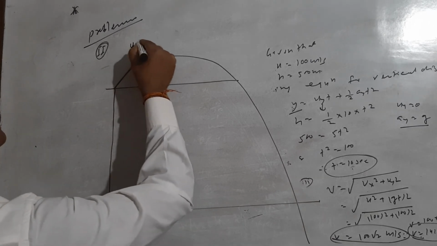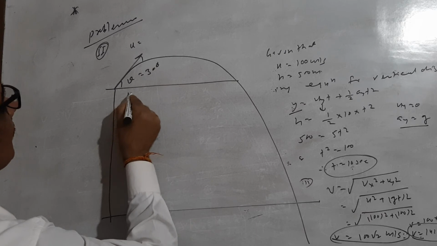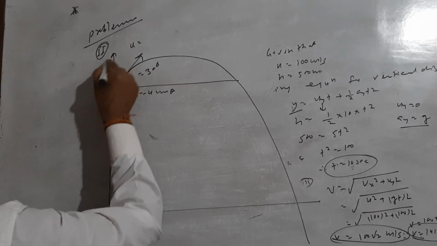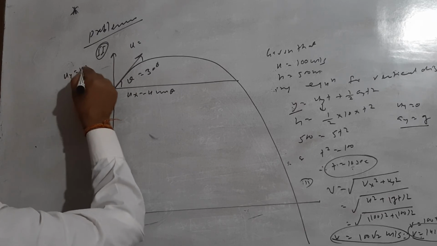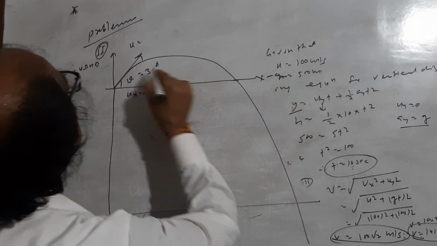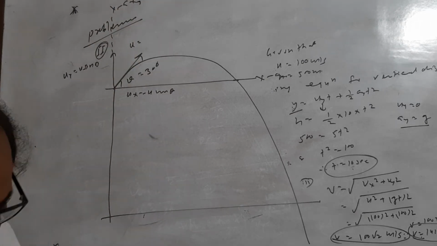So this one is the u, this is the angle theta, 30 degree, ux equal to u cos theta, uy equal to u sin theta. This is the resolution along the x-axis and this is the resolution along the y-axis.